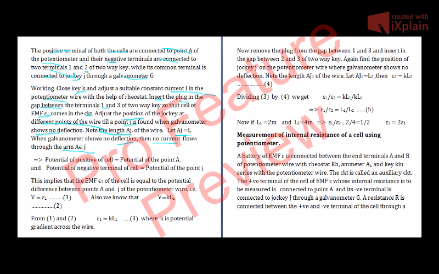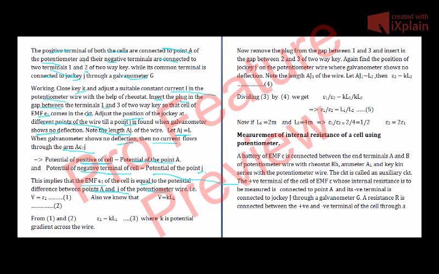At that point, the potential of the positive terminal of the cell is equal to the potential of the point A, and the potential of the negative terminal of the cell is equal to the potential of the point J. This implies that the EMF E1 of the cell is equal to the potential difference between points A and J of the potentiometer wire.